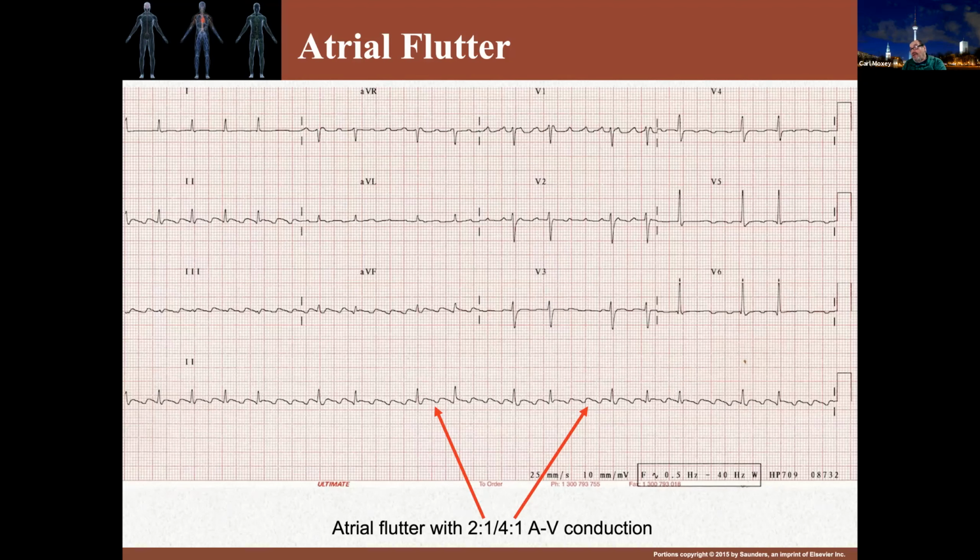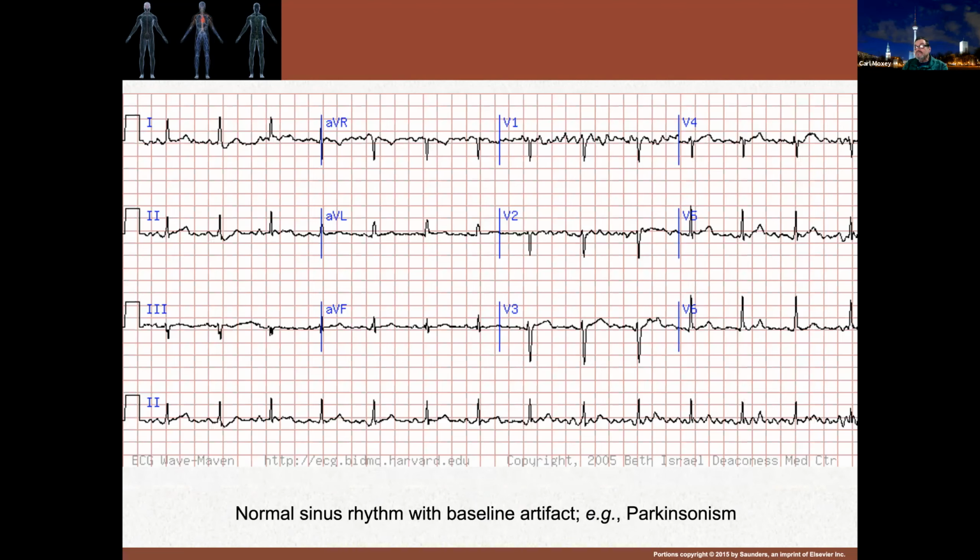And in this tracing of atrial flutter, the two red arrows indicate you have two types of AV conduction. The arrow on the left shows you a 2-to-1 conduction, whereas the arrow on the right shows you a 4-to-1 conduction. Now this looks like an atrial fibrillation, but it isn't.